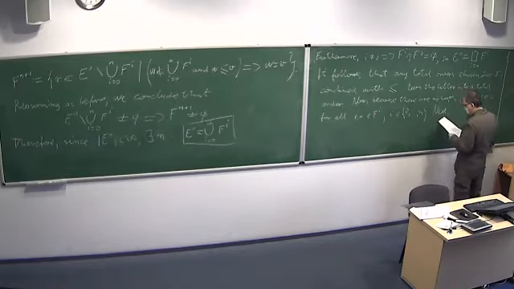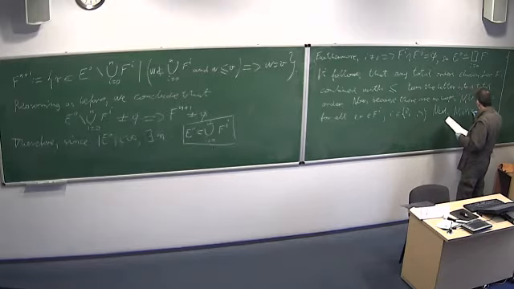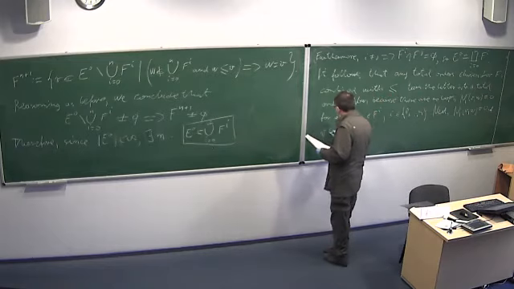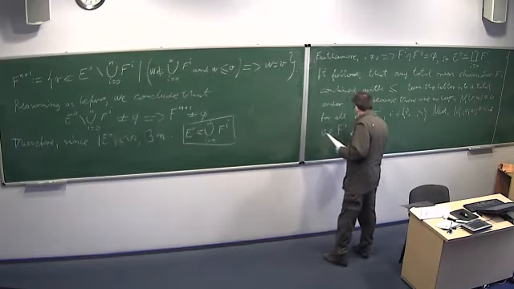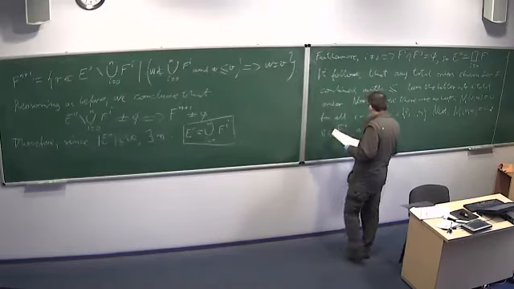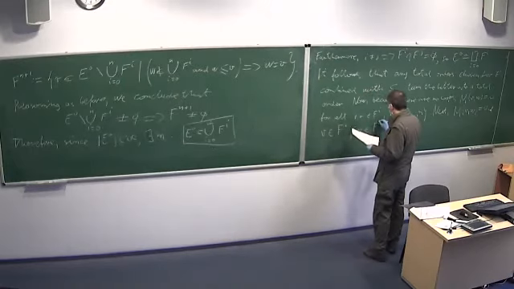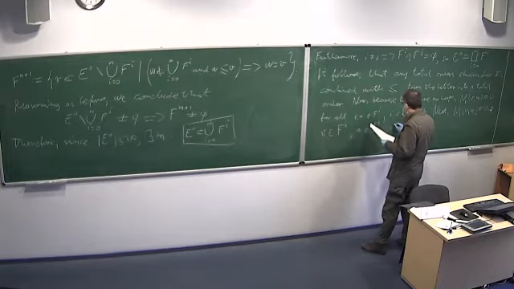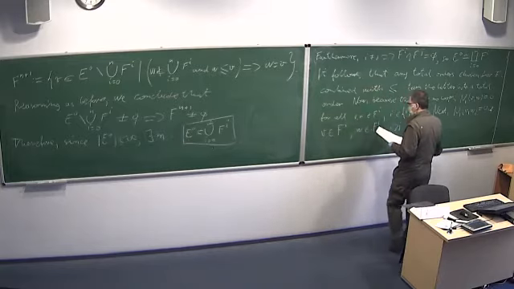So next, I claim that N1(V,W) is 0 if V belongs to Fi, W belongs to Fj, and i is bigger than j. Okay, let's see it.